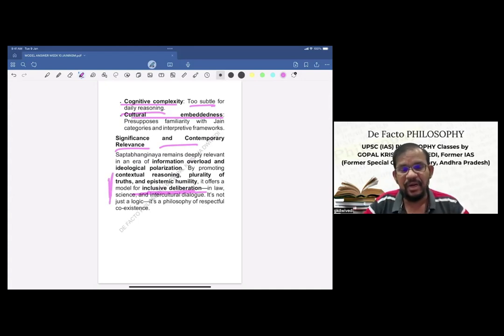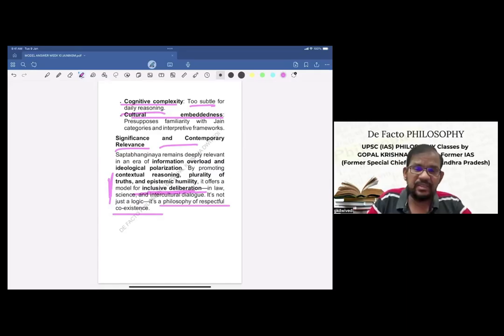I keep repeating to all students: please keep a notebook, digital or otherwise, of some 100, 150 or 200 important terms and phrases from philosophy or ethics, which you may use in your answers, your ethics paper, your essay paper, other GS papers, and your interview. So this is important: inclusive deliberation in law, science, and intercultural dialogue. It's not just a logic, it's a philosophy of respectful coexistence. Jaina philosophy is basically a philosophy of respectful coexistence.